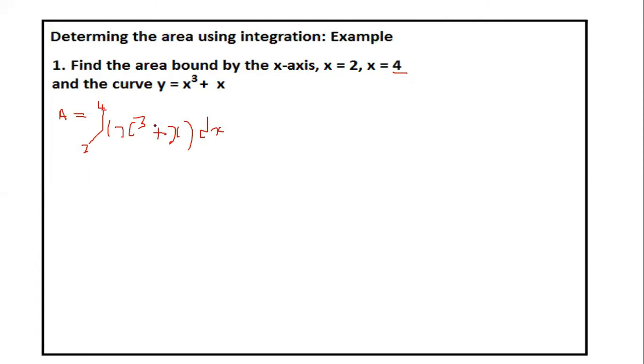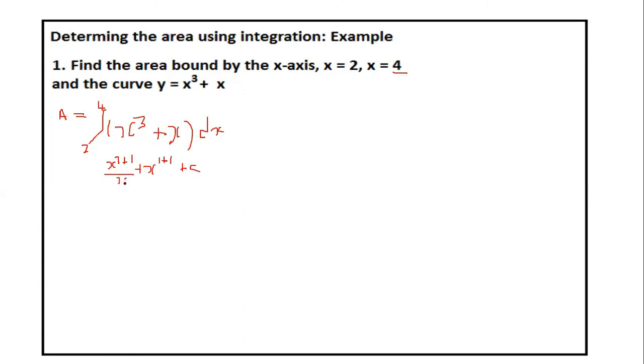Then after finding the definite integral, you are going to integrate it. So this one will be x to the power 3 plus 1, then plus c. This is x to the power 1 plus c1, then plus c. And don't forget what you do on top, you do at the bottom.